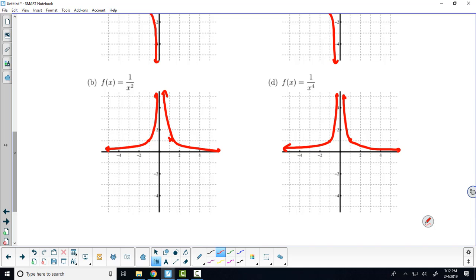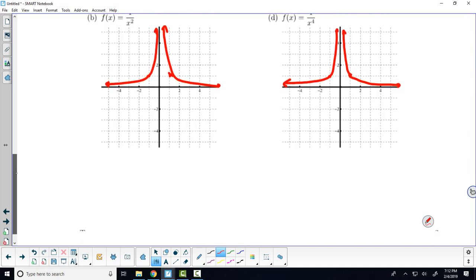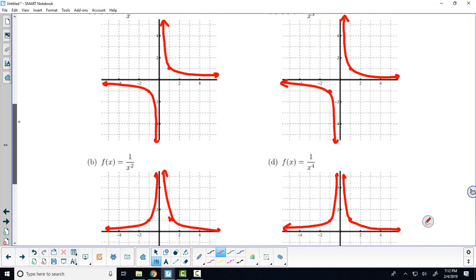A lot of times what's happening is some sort of shifting of these functions. So what do we notice? We notice that as x approaches 0, we have vertical asymptotes.